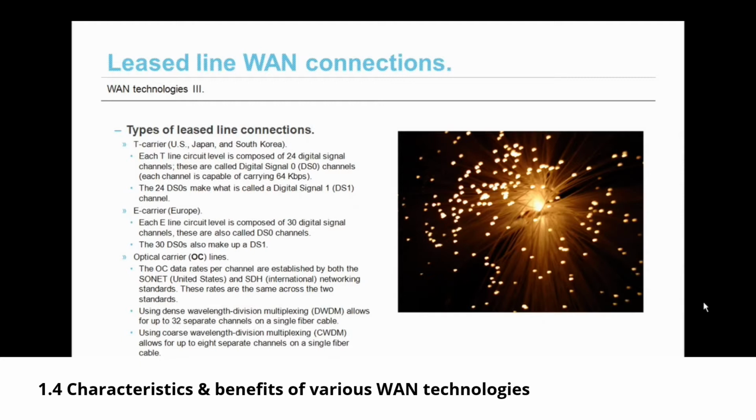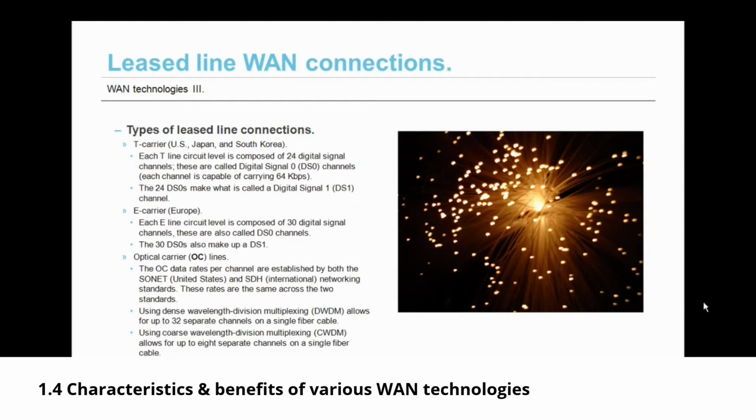In Europe, we have E carrier lines. Each E line is composed of 30 digital signal channels. These are also called DS0 channels. The 30 DS0 channels also make up what is called a DS1 channel. When we're talking about fiber optic speeds, we often talk about optical carrier lines, or OC lines.